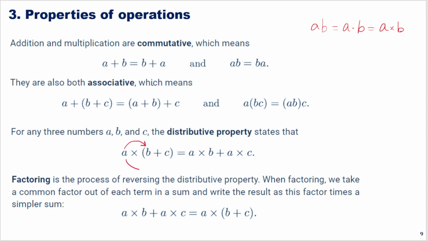This equals a times b plus a times c, right? This is called the distributive property. Or sometimes you could also have a plus b times c, and the same thing applies. That equals ac plus bc, right? This is another form of the distributive property.